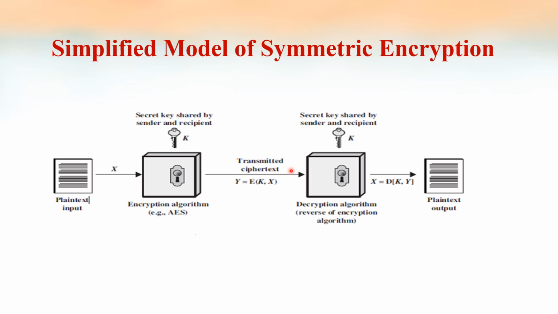It is transmitted. And at the receiver end, it uses the decryption algorithm, the reverse of the encryption algorithm. And it also uses the key K. And X is identified, which is the plain text. X is equal to D of K comma Y, decryption algorithm, and the plain text output.